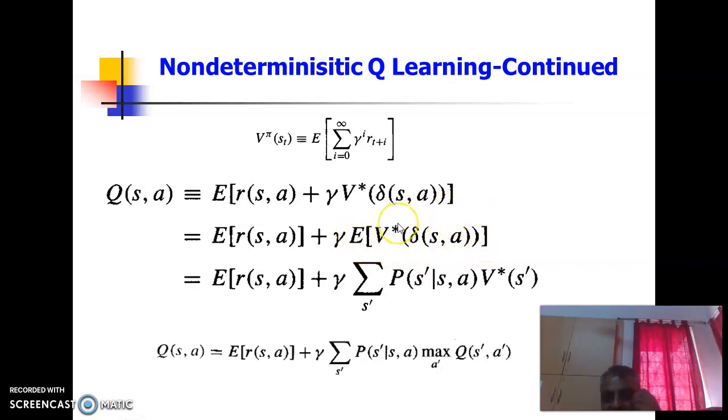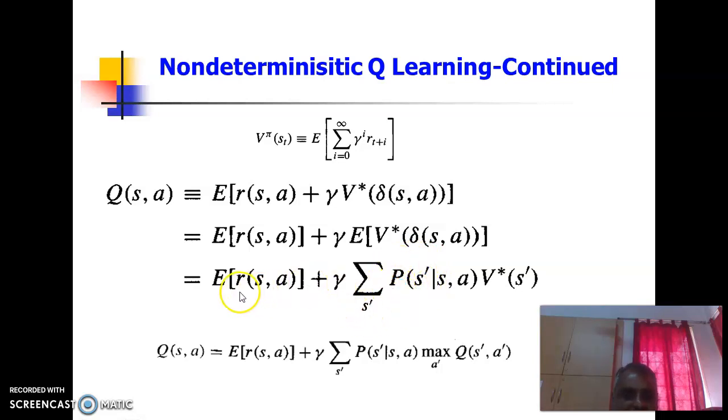Now we can write this as the expectation for a discrete random variable. We'll treat this as a discrete random variable, and we can write it as the particular sample value into the probability of the sample value, and we have to sum over all the sample values. This is my sample value, V star of s dash, the next state, into the probability of this particular function, which is nothing but the probability of the next state.